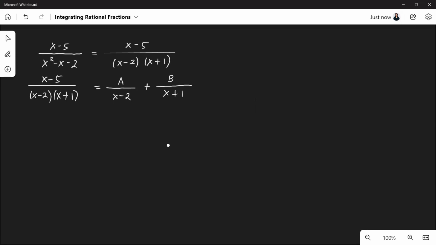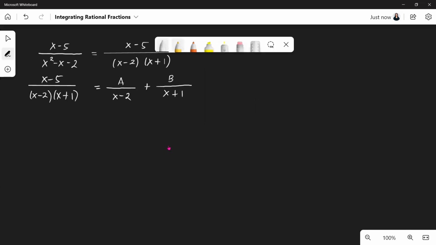Step 1 is to multiply the equation by the denominator.